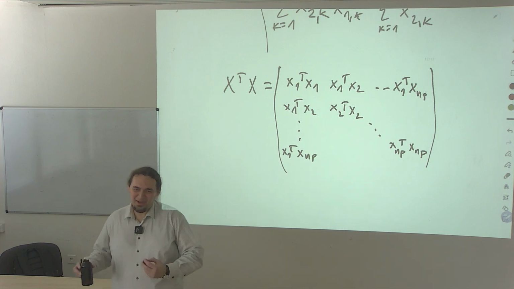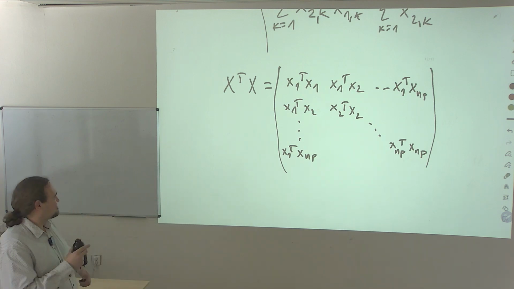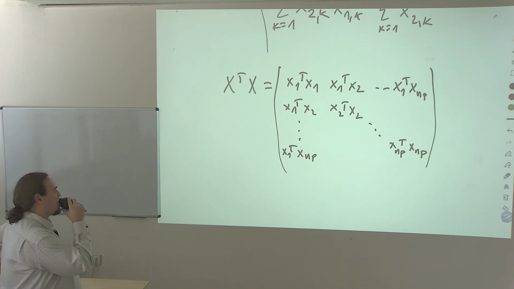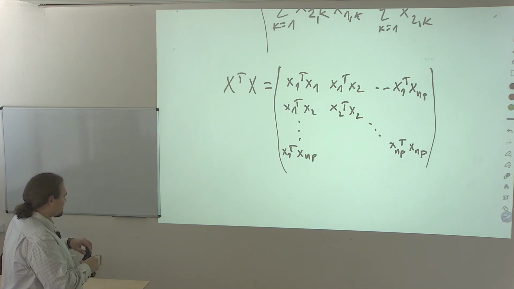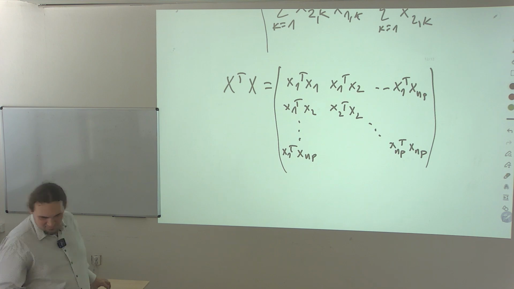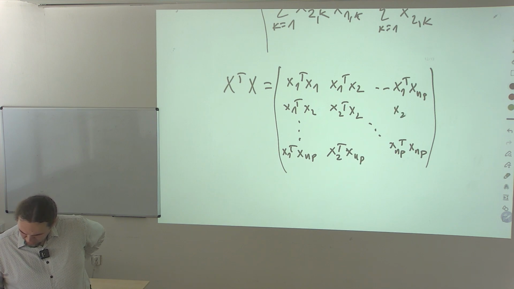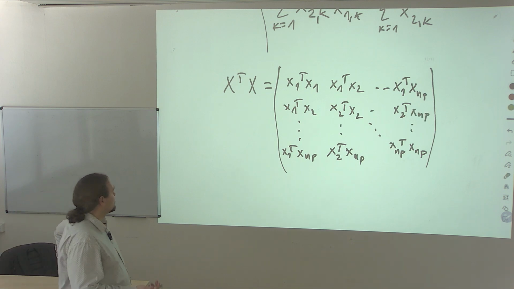It's like a Sudoku now, yeah. The sum has to be, or there should be all the numbers used. Yeah, x2 transpose x and B. We should have also the mirror image, of course, here. That's how symmetric matrices look.